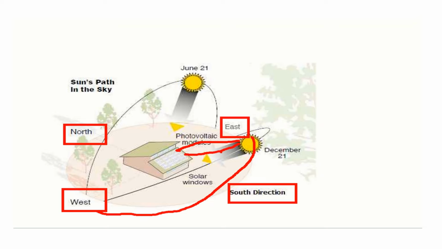It is a long distance race, then the sun will reach here, and the sun is directly throwing sunlight on the panel. When the sun is in the evening, like 4 o'clock, 5 o'clock, the inclination of the rays will again increase, and at evening time it will be like that.